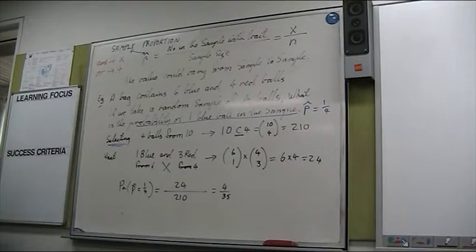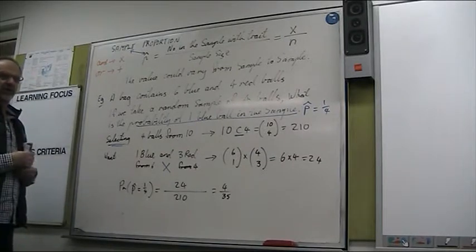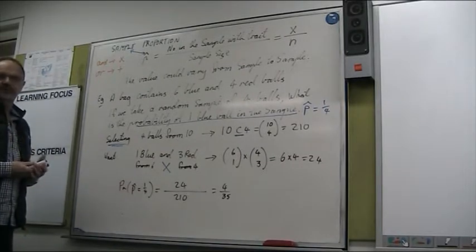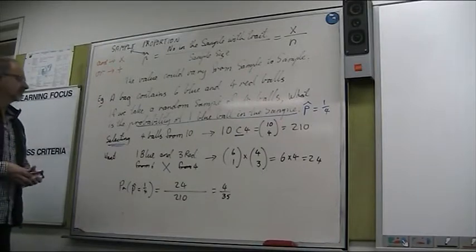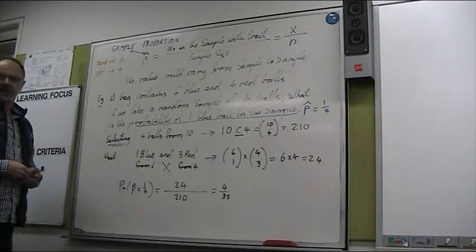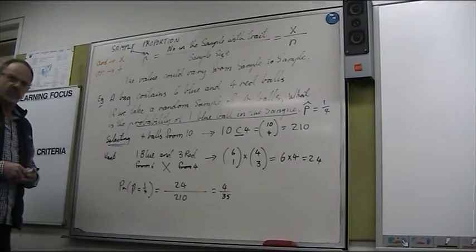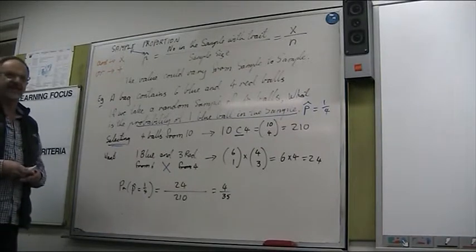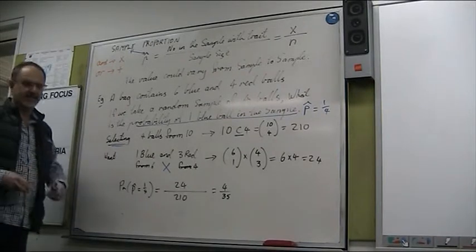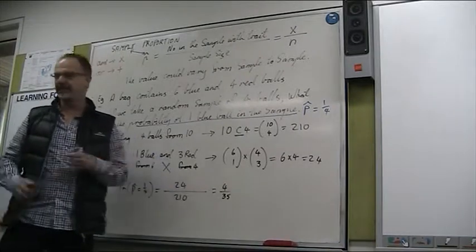The population has no hat. What's the probability of us getting that? It is 4/35.